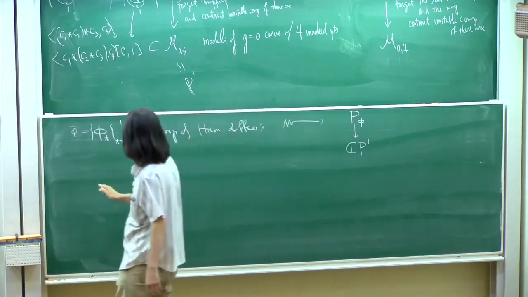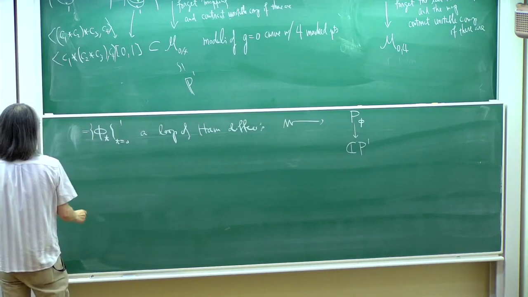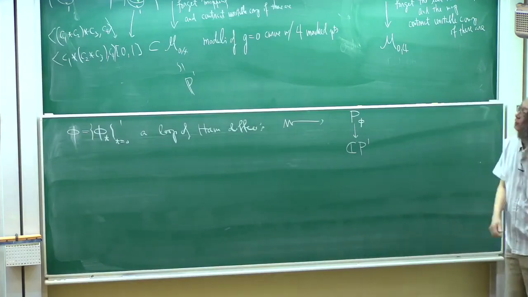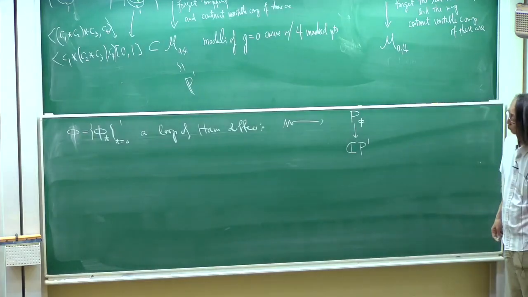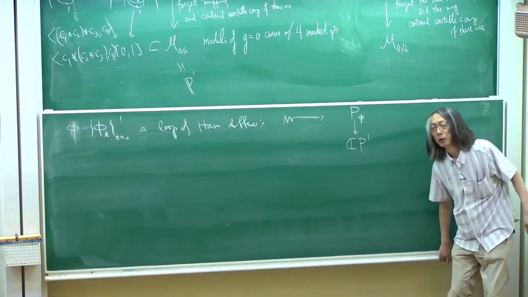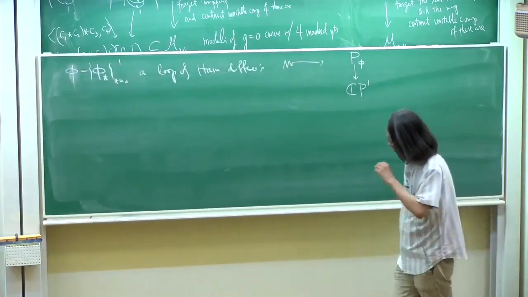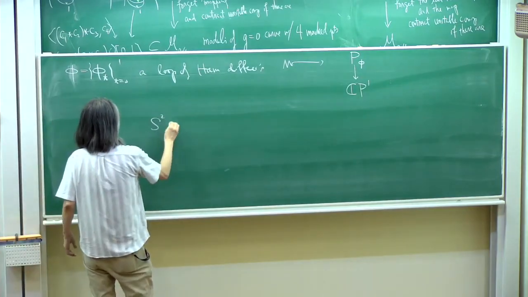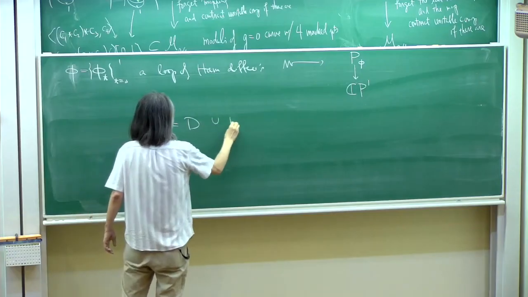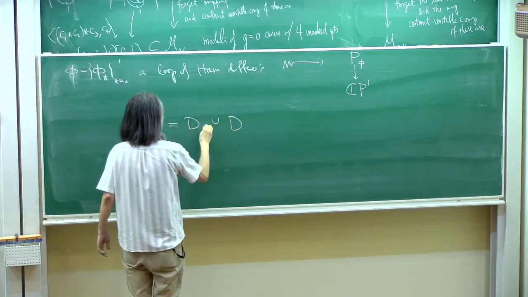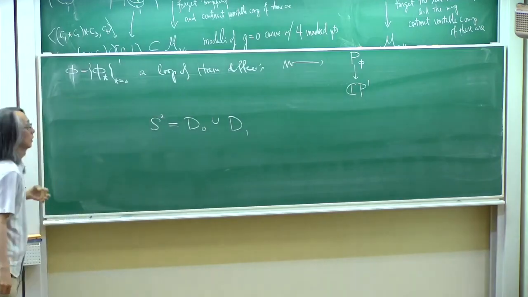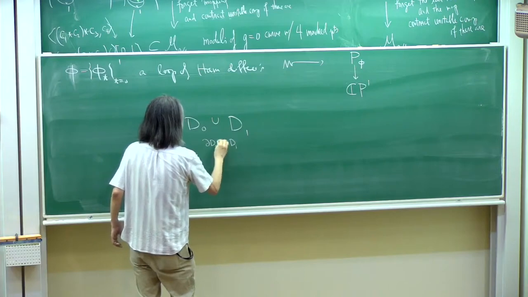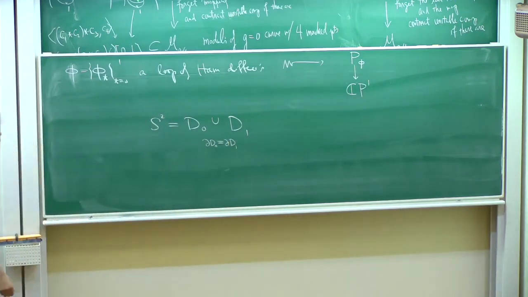So P^1 is S^2, and S^2 is the union of two copies of disks, where the boundary of D_0 is identified with the boundary of D_1.